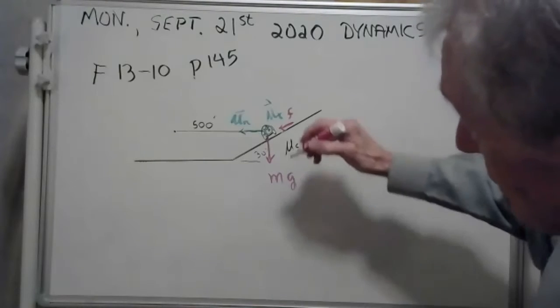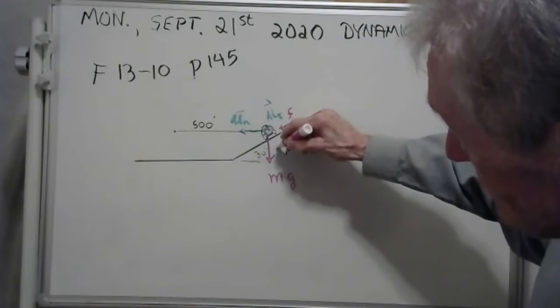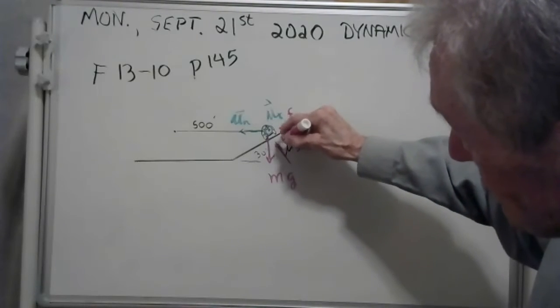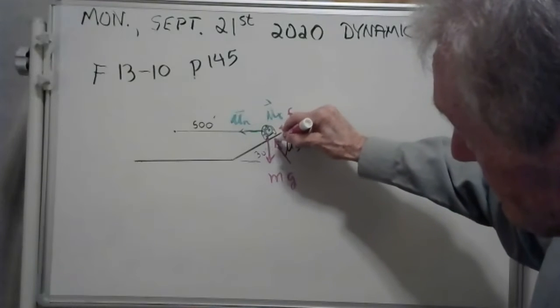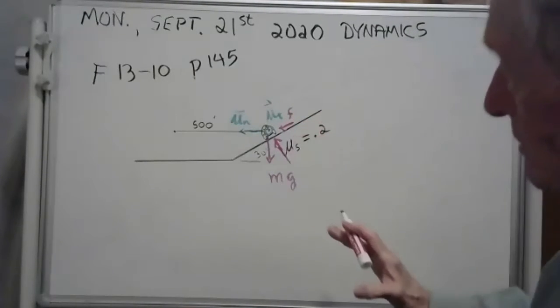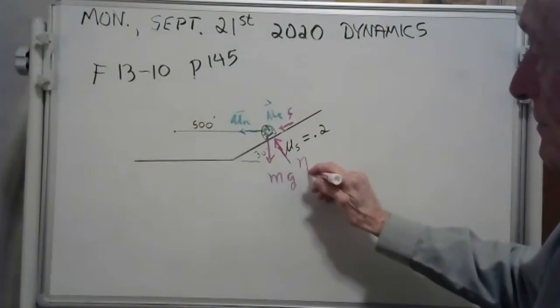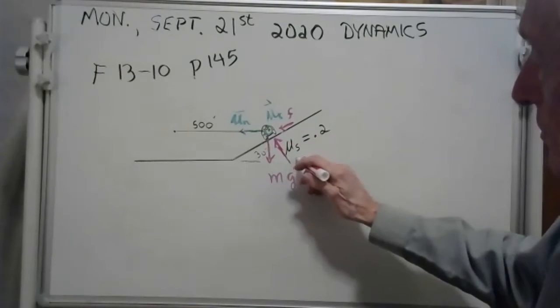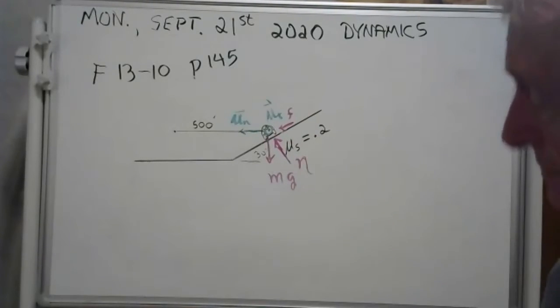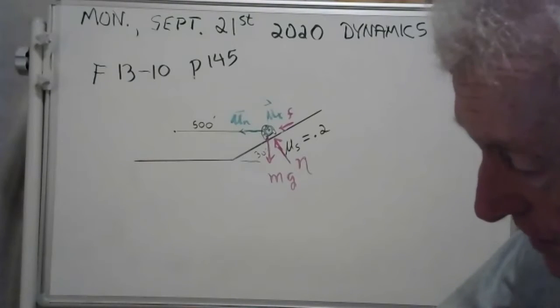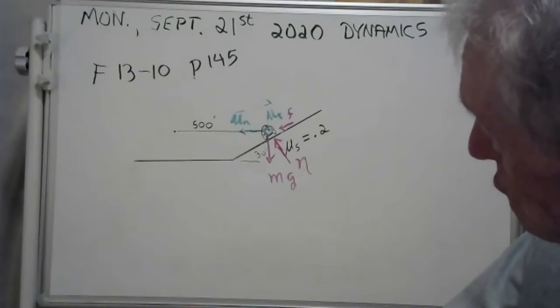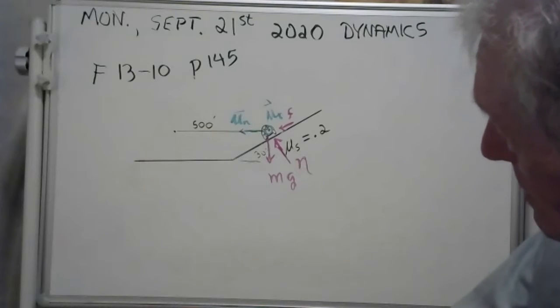We have friction. Oh, wait a minute. There's a normal force. It's the road pushing up. Now, if that car was just sitting there on the hill, the normal force would be mg cosine of theta.